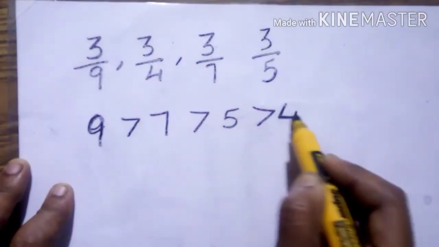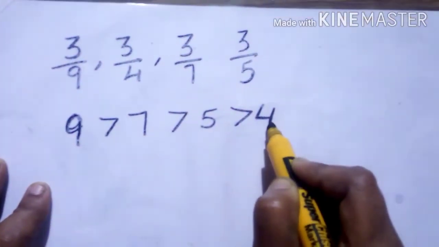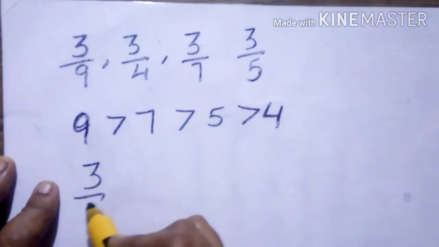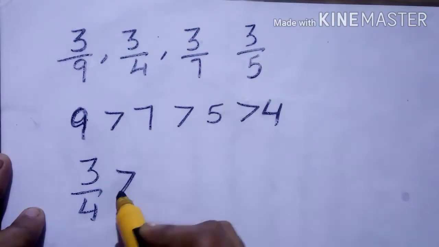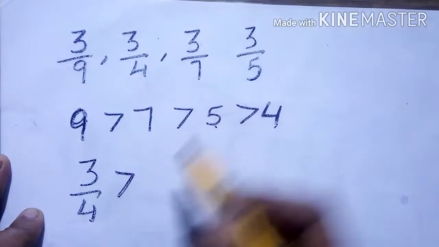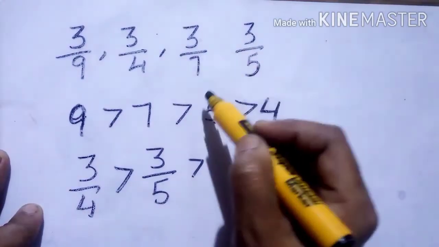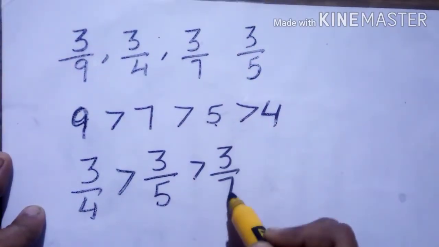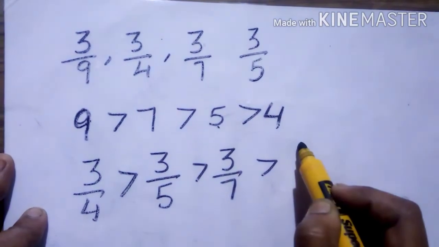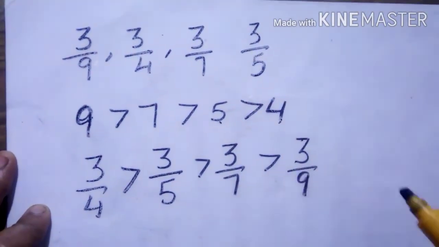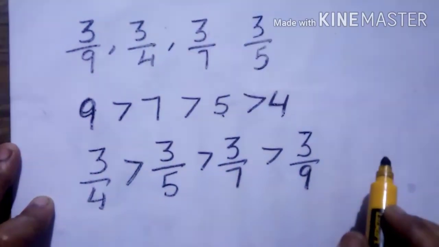The smaller denominator will be the greater fraction. So 3 by 4 is greater than 3 by 5, is greater than 3 by 7, is greater than 3 by 9. So this is the way how we compare unlike fractions.